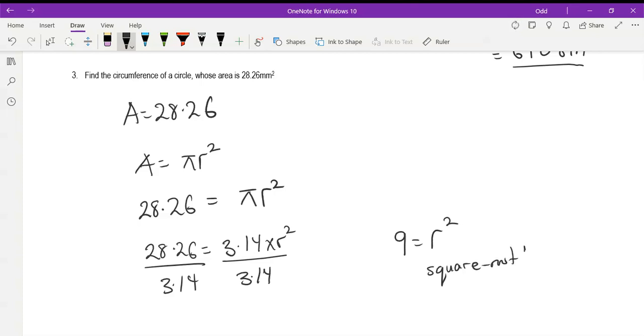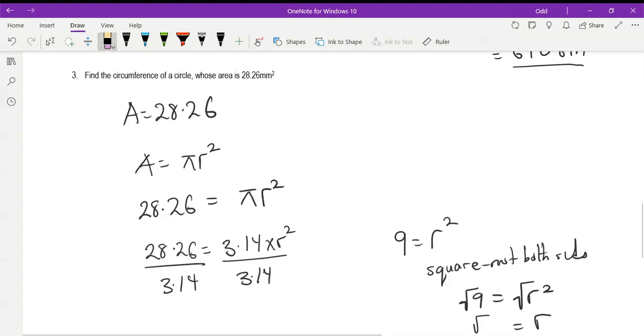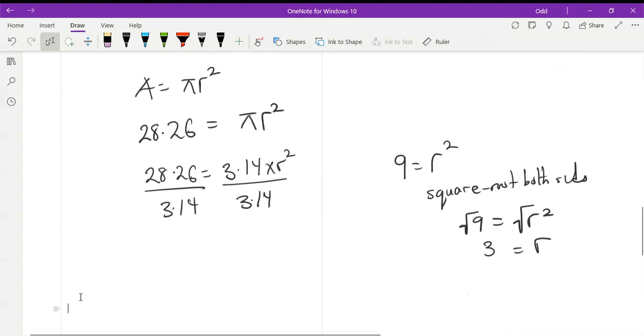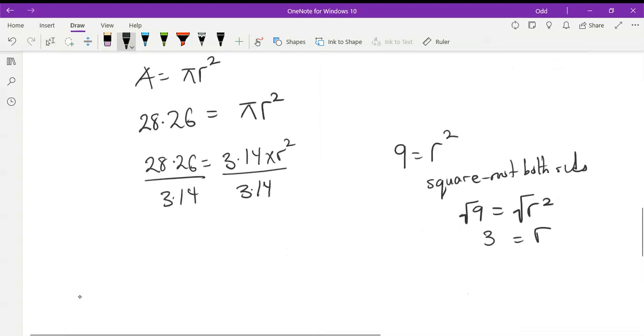The root of 9 is equal to the root of r squared. The root of r squared is r, and the square root of 9 is 3. So the radius of this circle is 3 millimeters, because the unit is in millimeters.